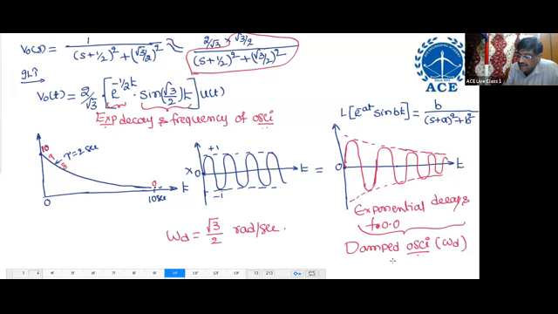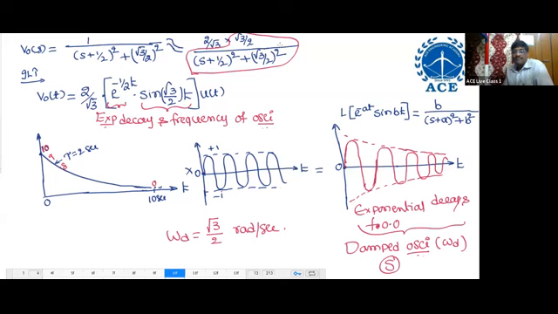The system is 100% stable. With damped oscillations, the system is stable. Left hand side poles mean the system is 100% stable.